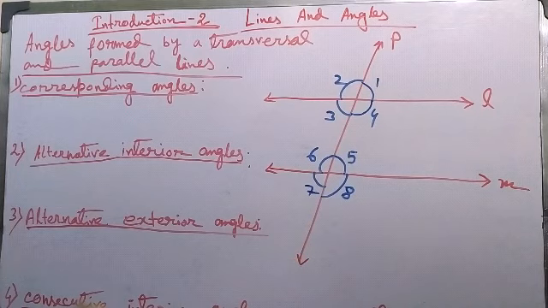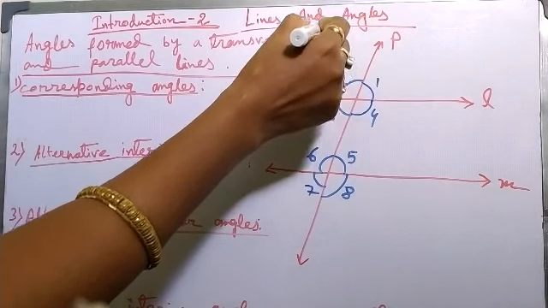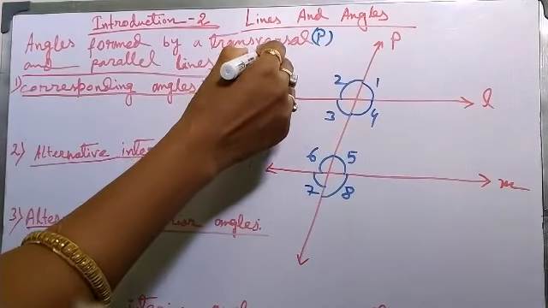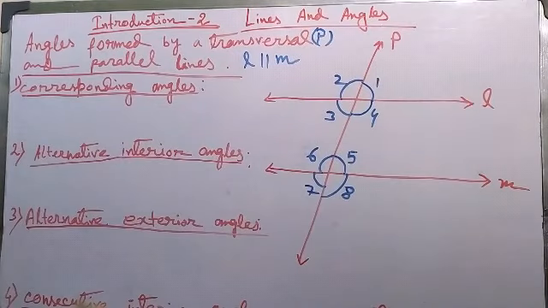These are all the angles. Here the transversal is P and the parallel lines are L and M, that means L parallel M. Then only these angles are formed.